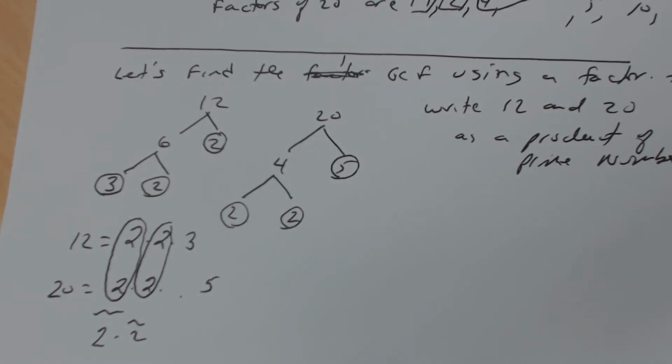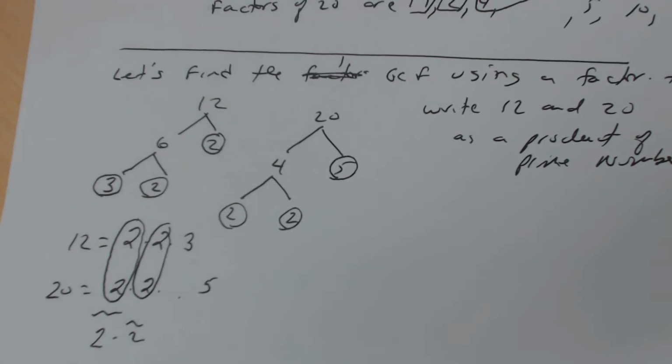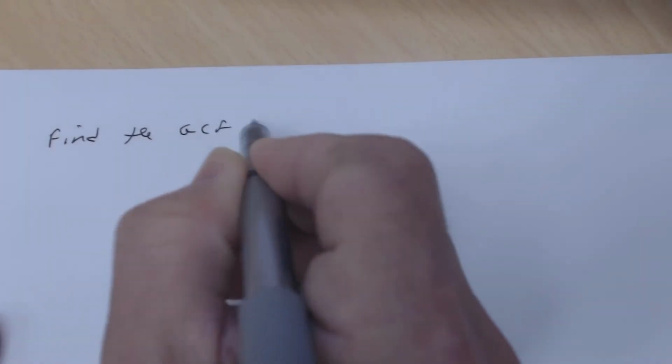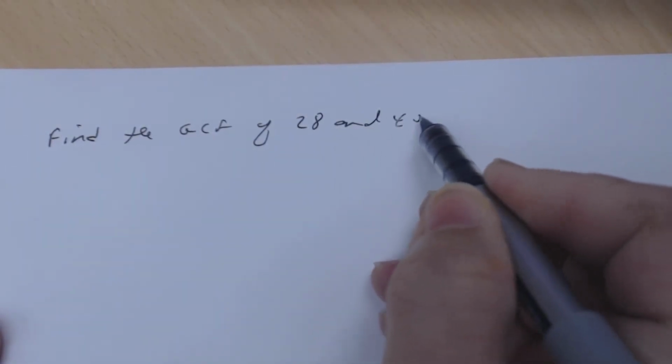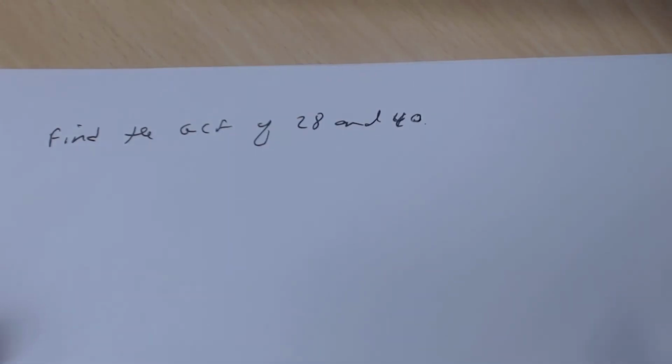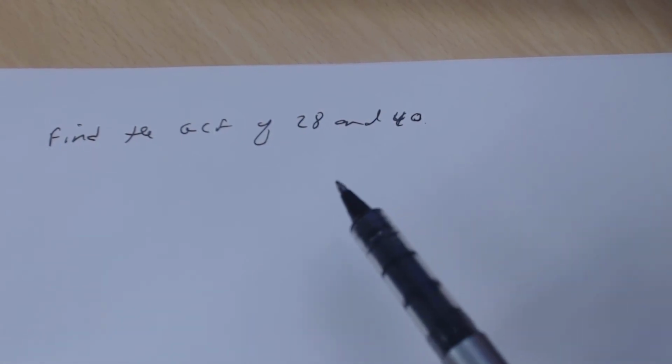All right, let's look at another example. Let's look at 28 and 40, and we're going to use a factor tree. So find the GCF of 28 and 40. Now, most of you probably can look at that and say what the answer is.